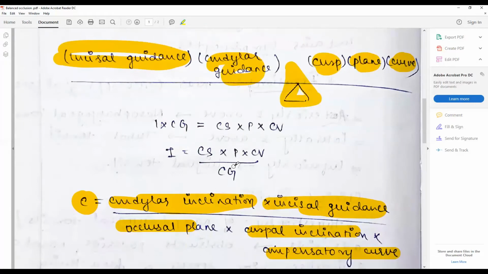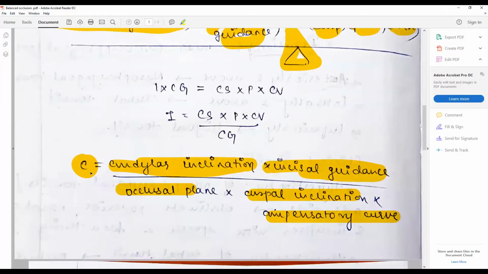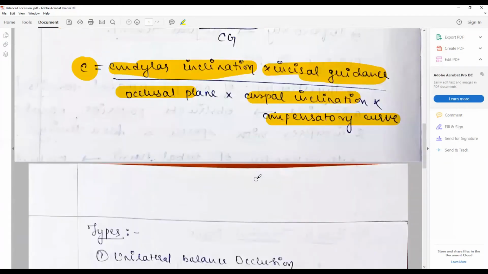So, given this formula, this is called Thielmann's formula: condylar inclination into incisal guidance by occlusal plane into cuspal inclination compensatory curve. This essentially means if condylar inclination increases, this has to be compensated, or vice versa.